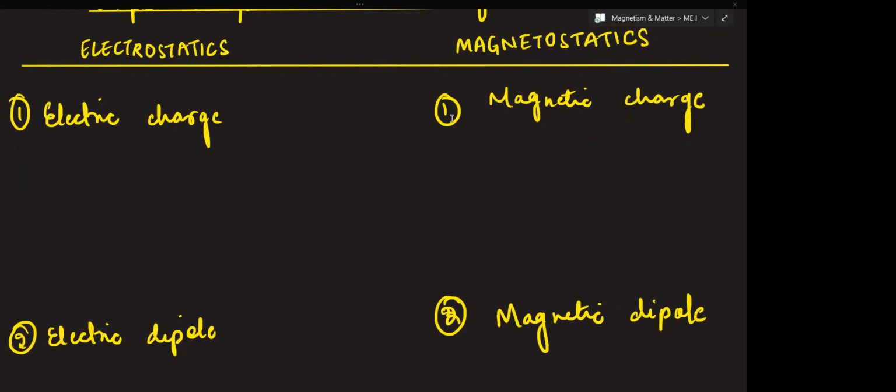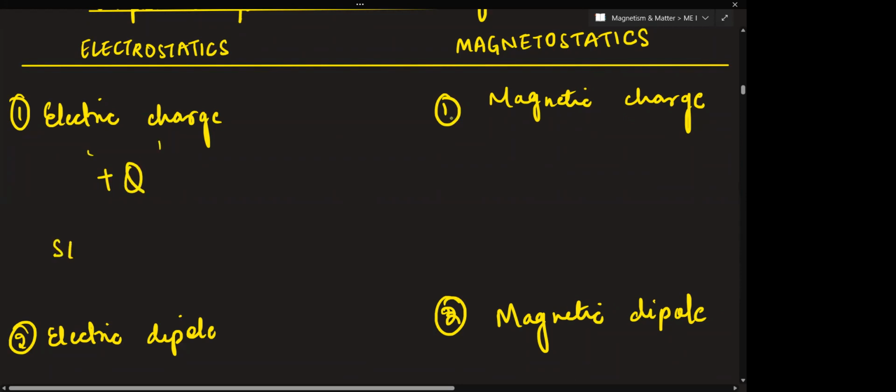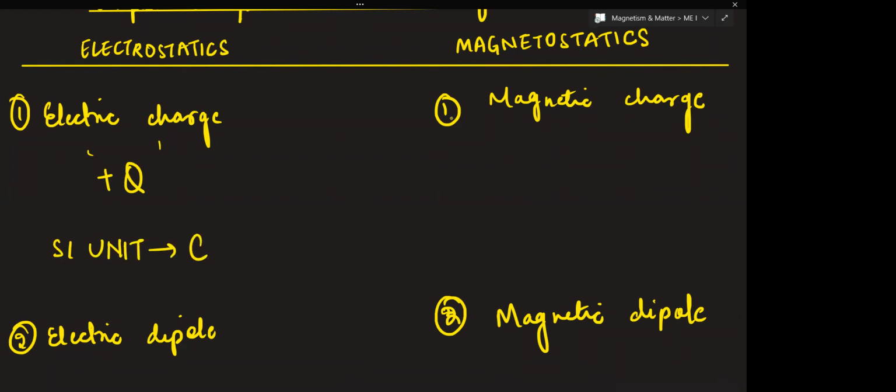All the phenomena are based on electric charge only. Electric charge is represented by capital Q. The SI unit of electric charge is coulomb.